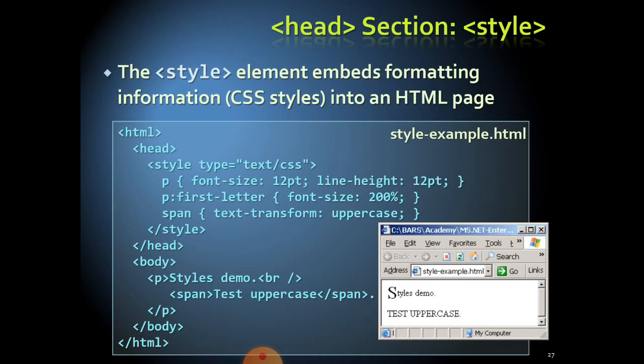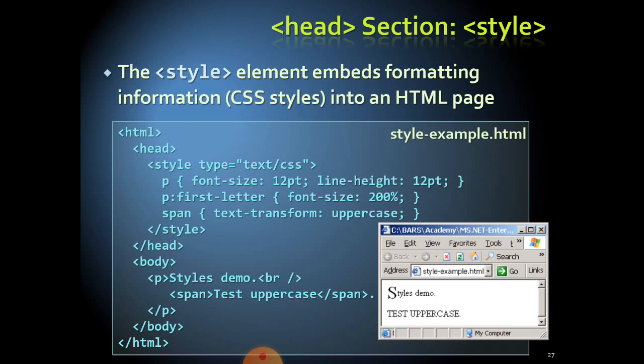The style element embeds formatting information, that is CSS styles, into the HTML page. We can also print the text in uppercase or lowercase by using the text-transform property. For every tag we will have some properties like font size, first letter font size, and text transform, which decides how we print the text: uppercase, lowercase, sentence case or toggle case. We can also increase the font size.